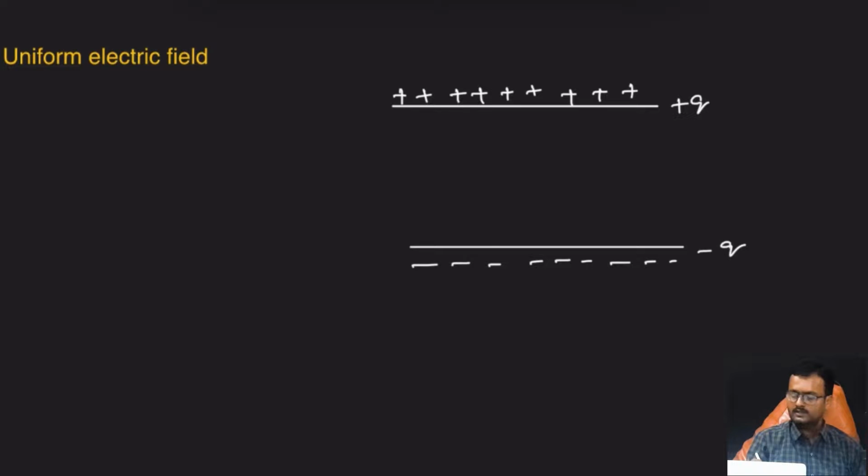Suppose a unit positive charge is placed here. The positive plate repels along this direction and the negative plate attracts along this direction. So the unit positive charge moves towards the negative plate, in this direction. That means from plus to minus. So it is taken as the electric field direction.